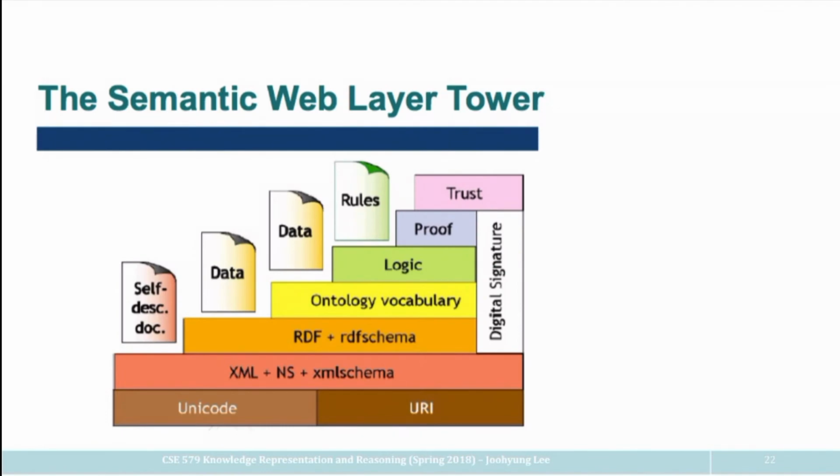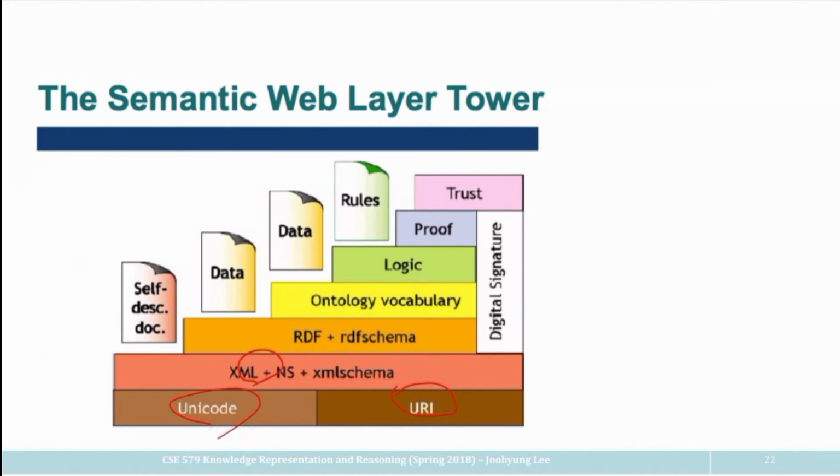Now, the semantic web was designed with this ontology in mind, and the basic idea was to build it layer by layer. You start with some common vocabulary. When you talk about a knowledge base, you should have a common vocabulary. So first, you have to say how to code this: there's Unicode, and everything has a unique name so that you can refer to it.